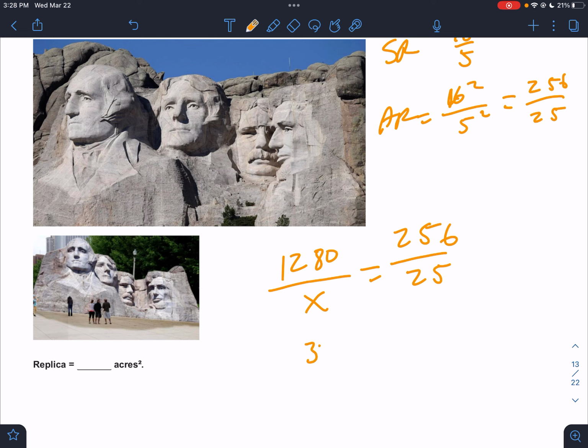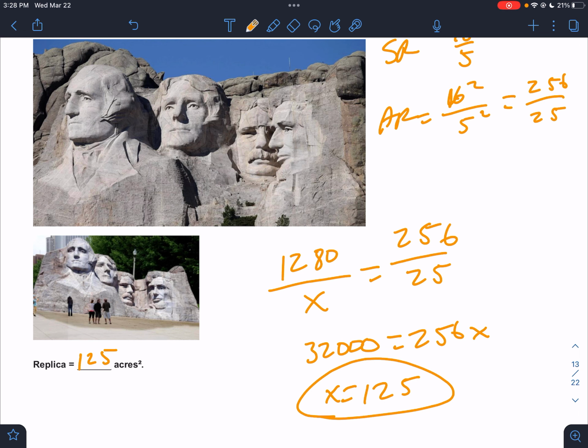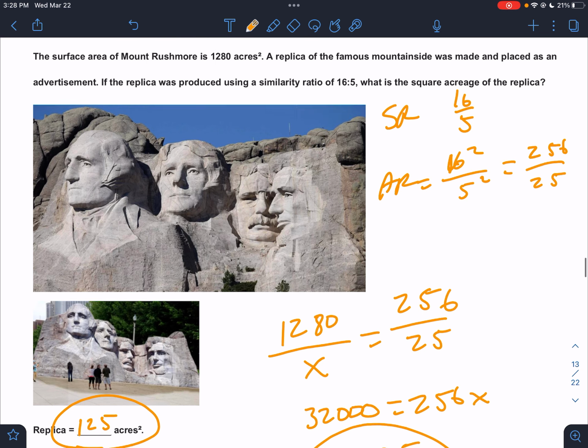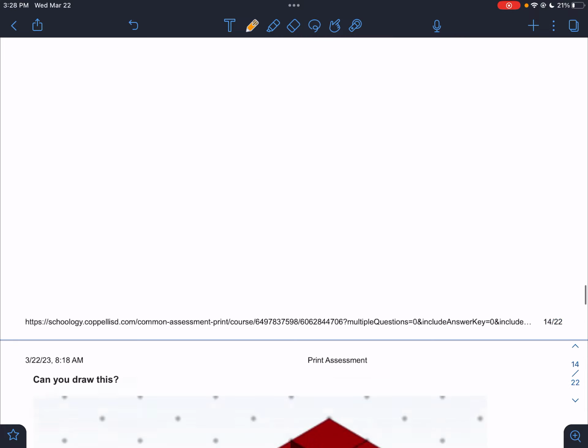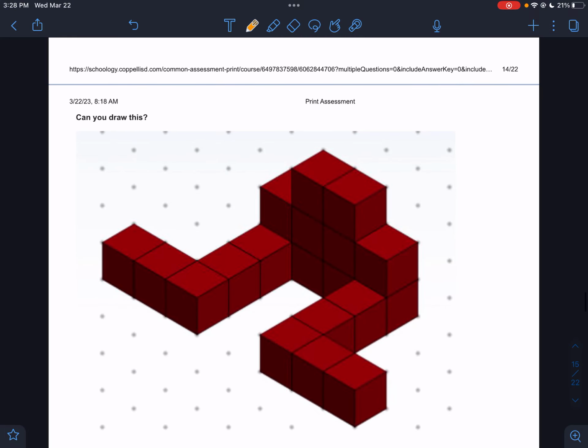So that's 32,000 equals 256x divided by 256. And the replica would be 125 acres squared. Got to make sure you square that similarity ratio. I'm not going to draw this. You can draw that.